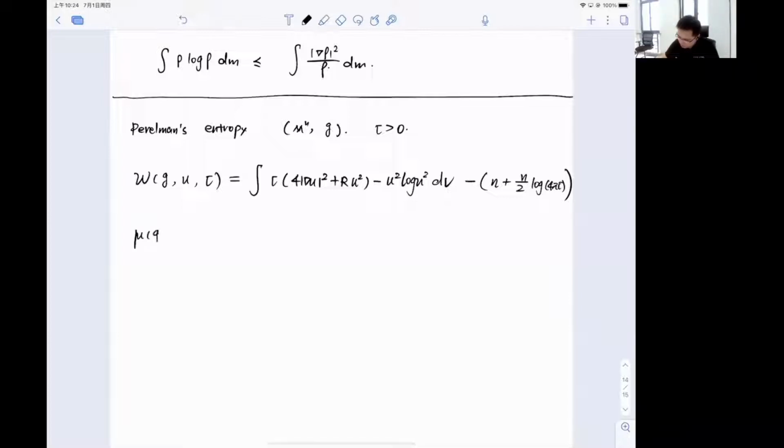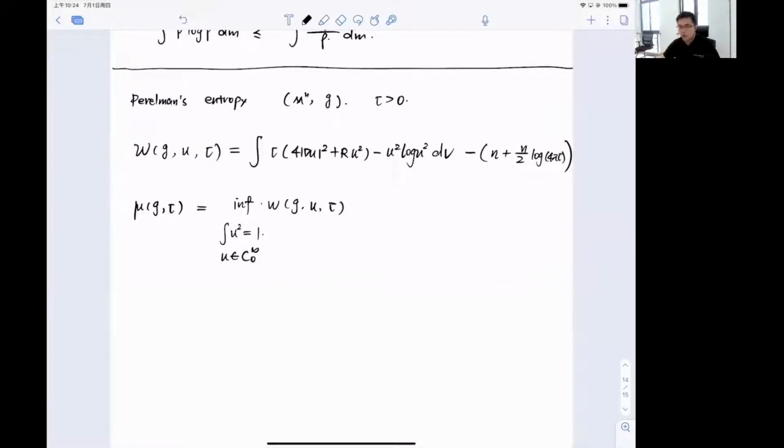So the mu entropy, mu g tau, is the infimum of W g u tau, where u satisfies that its square has integral 1 and u is C0 infinity. Notice that for any complete Riemannian manifold, it's possible that the mu entropy can reach negative infinity.